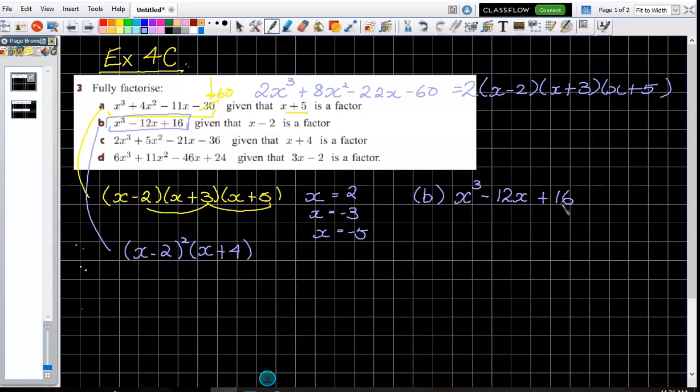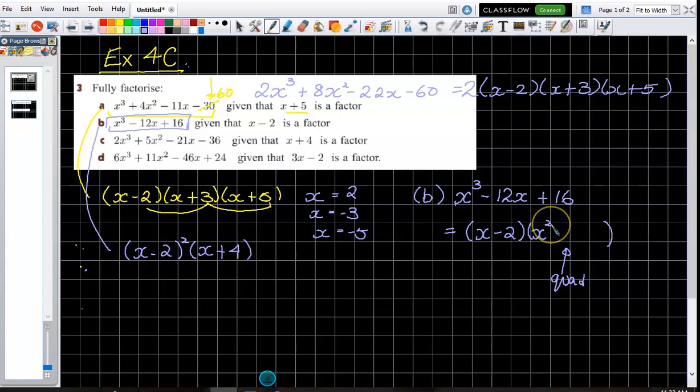x take 2 as a factor. So that means x take 2 is a factor. What do you have to now times by so that we can expand and we get this? Obviously, x times what gives me an x cubed? This has to be a quadratic in here. So it's x squared.